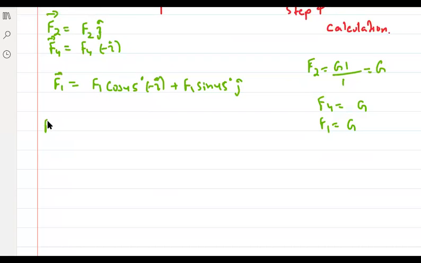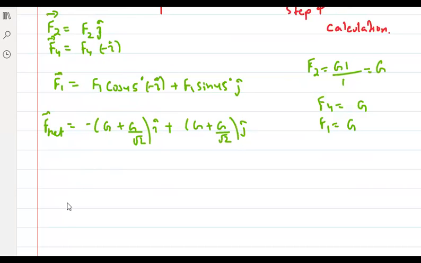So F net, add everything. So minus G I cap because of F1 plus G cos 45, which is 1 by root 2, G by root 2 I cap, plus this again G plus G by root 2 J cap, right?